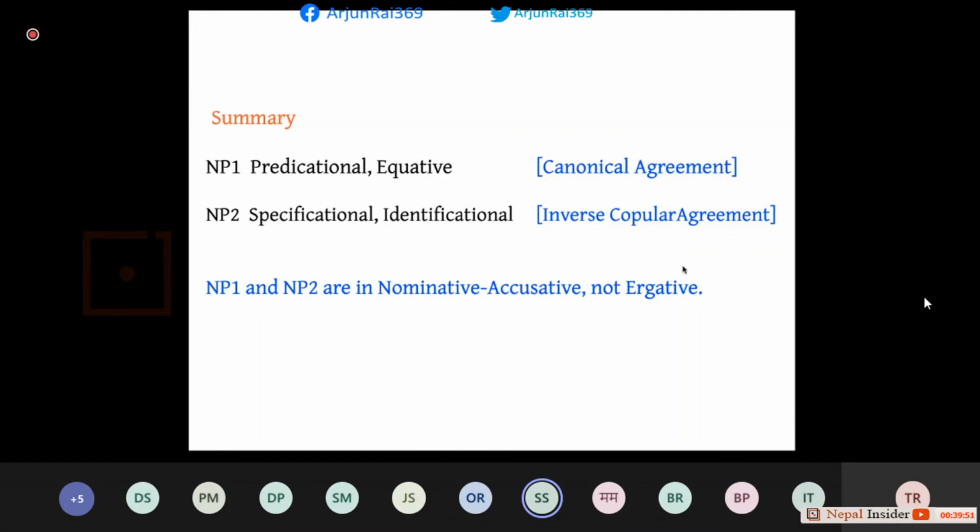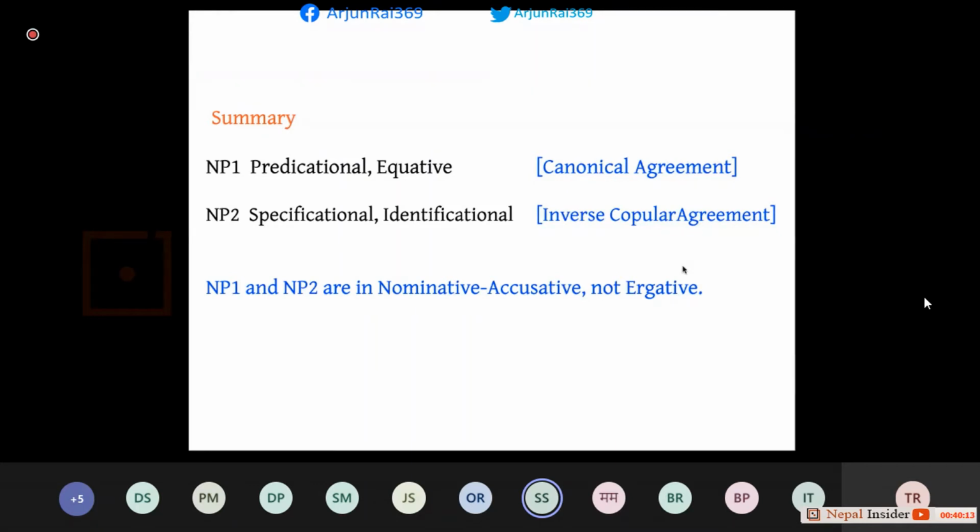The predicational and equative kind of agreement, which is also observed in transitives, in verbal predicates, is canonical agreement, where the subject NP1 agrees with the verb.